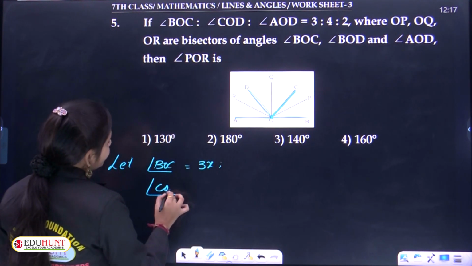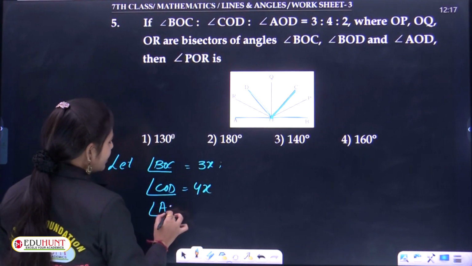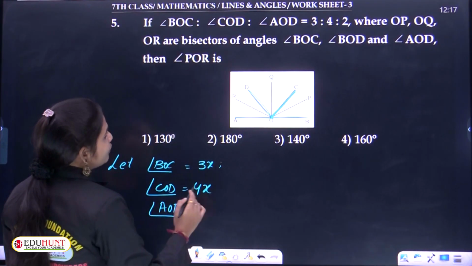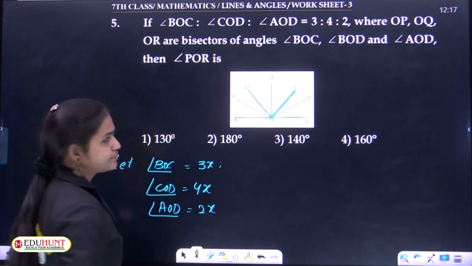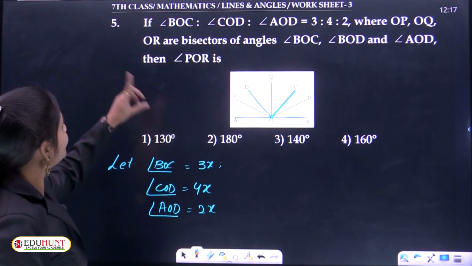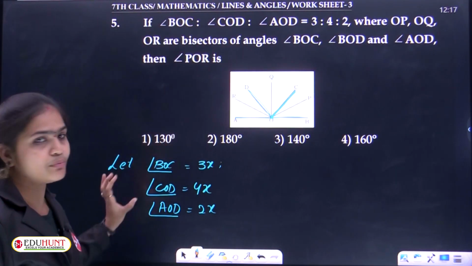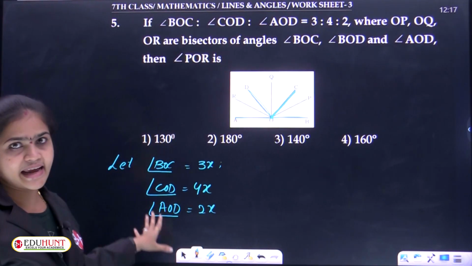Angle COD is equal to 4x. Angle AOD or DOA, anything, AOD is equal to 2x. And in the same way, OP, OQ, OR are bisectors of the given angles BOC, COD, AOD. Bisector angles they have given.